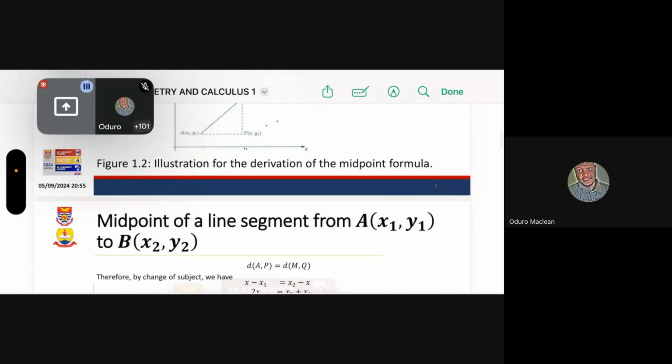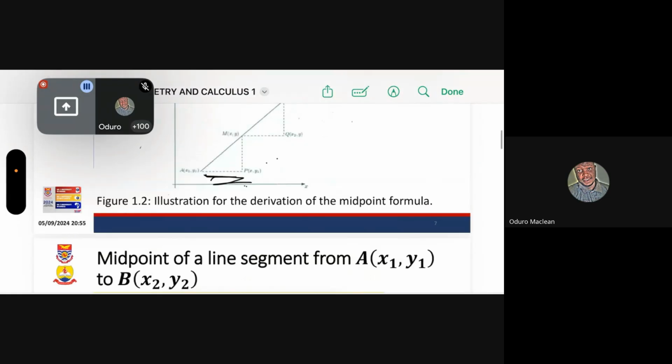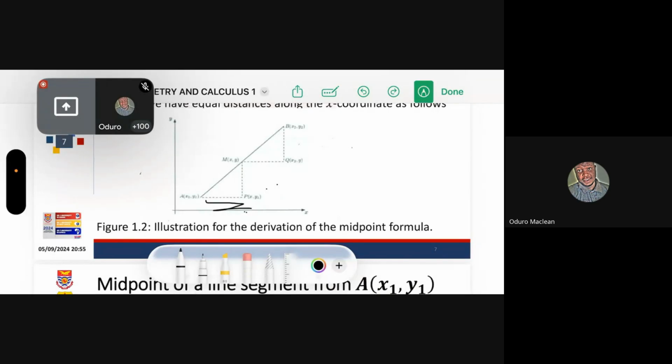So the distance here is the biggest minus smallest. This is on the x-axis, so it is x minus x1. And the distance on this other part is also x2 minus x, because I said they are midpoints, so the distances are the same.